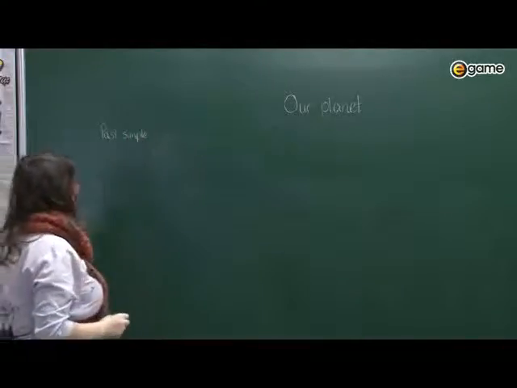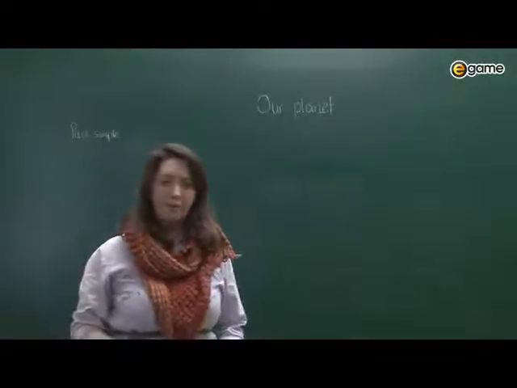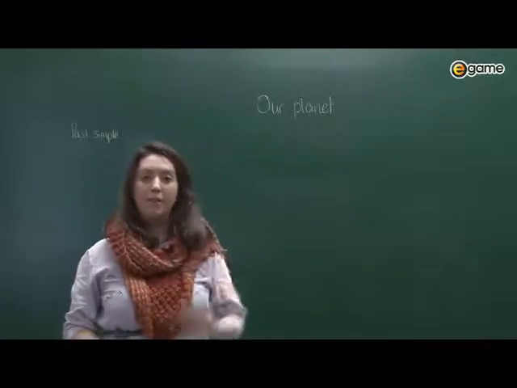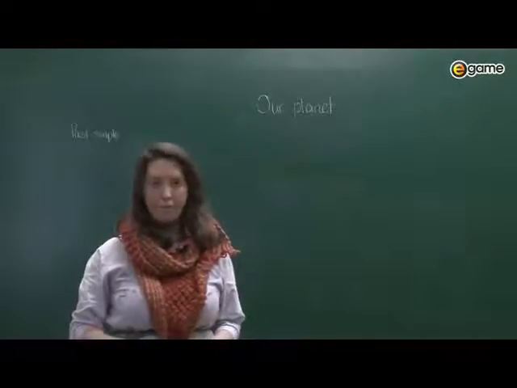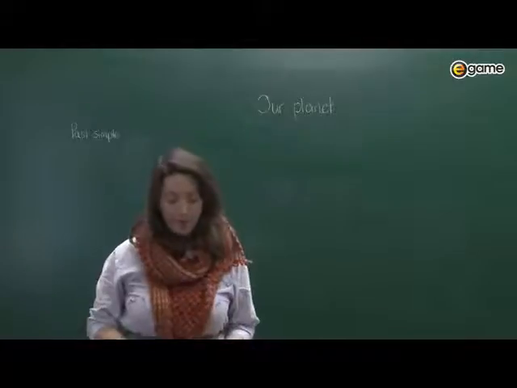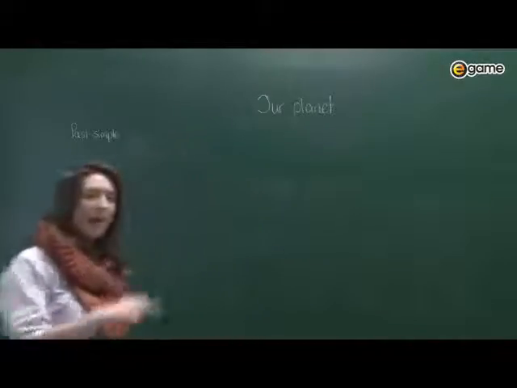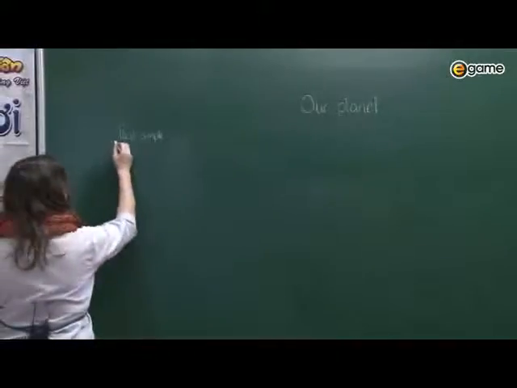Okay, so the past simple, it's the verb in its base form plus ed usually. Of course, there are irregular verbs. So the past simple we use to talk about actions that interrupted other actions in the past.